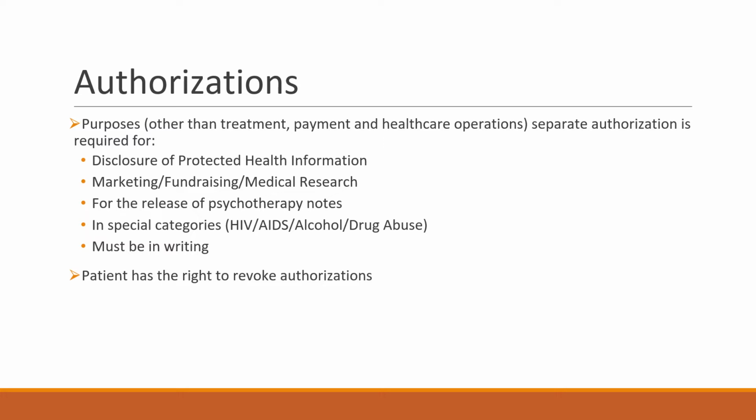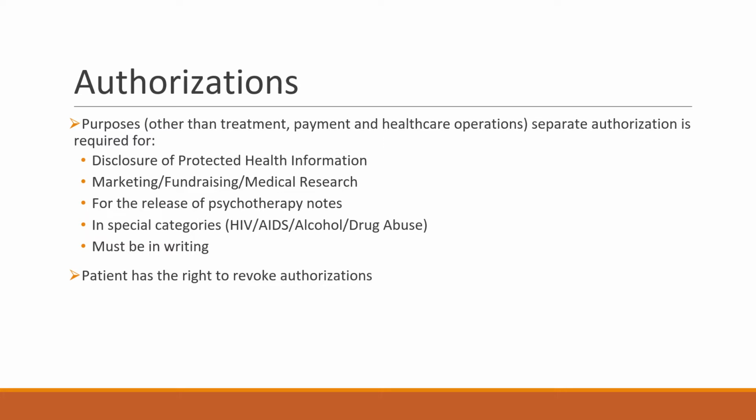So HIV and AIDS, when you are releasing any information that contains anything, whether it's a diagnosis, treatment, medication that pertains to HIV and AIDS, the patient has to give consent to disclose that information to whom you are trying to send it to. And that is, they need to give consent, whether it is for treatment, payment, or healthcare operations.